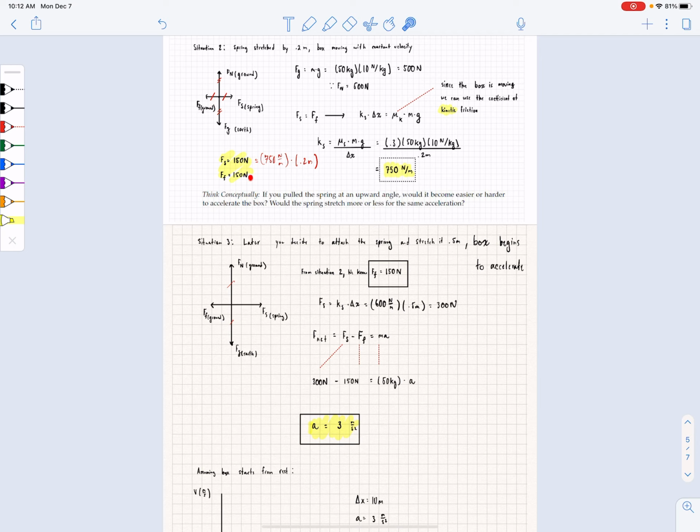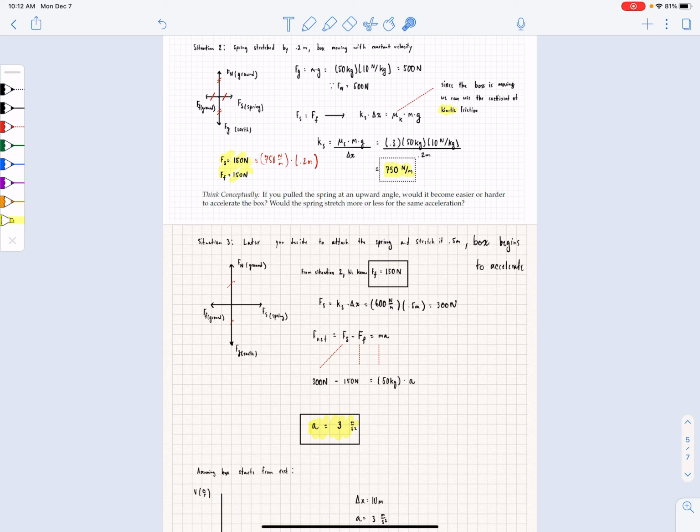Once the object is in motion and it's sliding, you've reached the maximum amount of friction that object can experience. The faster you pull it, it's not going to experience any more friction because, as we saw in the friction lab, friction doesn't depend on how fast the object is moving. It's going to reach some maximum value, and that value happens to be 150 newtons.